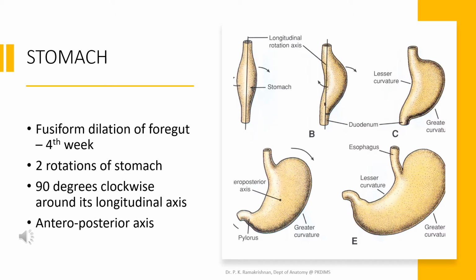The cephalic and the caudal ends of the stomach originally lie in the midline, but during further growth, the stomach rotates around an antero-posterior axis so that the caudal or the pyloric end moves to the right and upward, whereas the cephalic or the cardiac part moves to the left and slightly downwards. The stomach thus assumes its final position, its axis running from above left to below right.